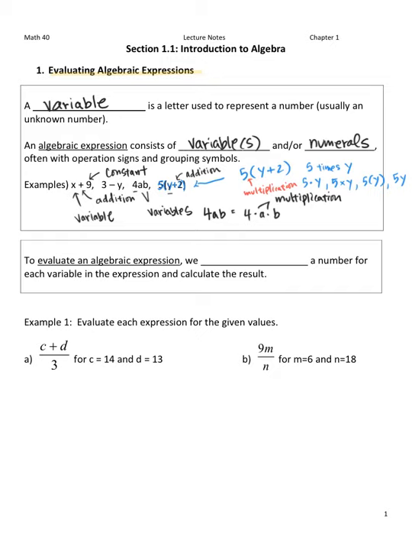Okay, so to evaluate an algebraic expression, we substitute a number for each variable in the expression and calculate the result, okay? And this result is called the value of the expression.